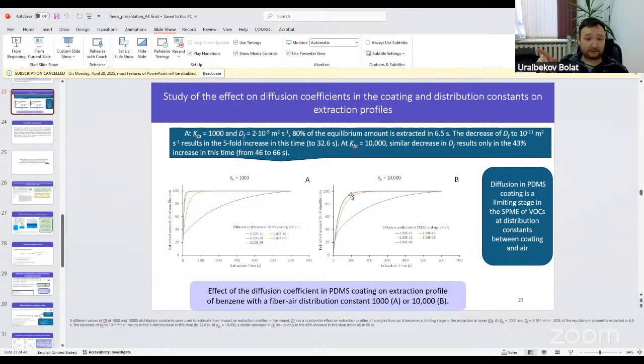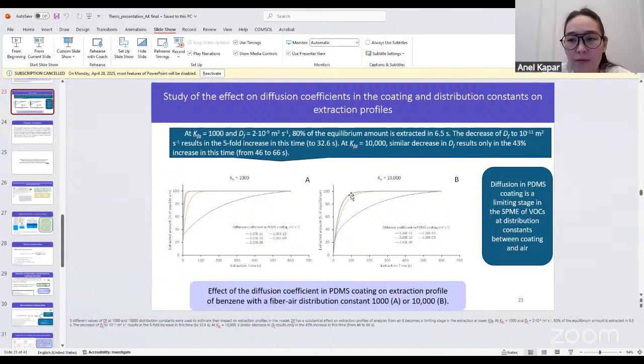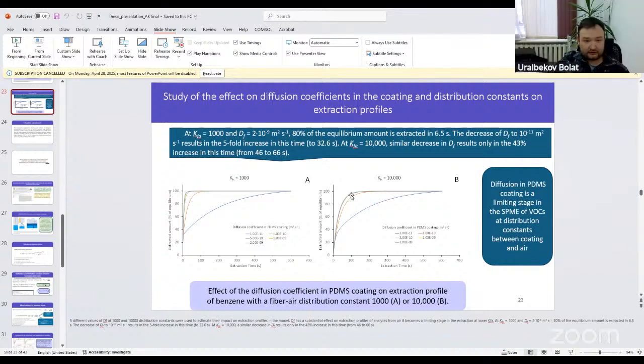And then I can compare. Because from your statement, when you change from 1,000 to 10,000, you have an increase of equilibration time of 43%. Because now I see, for instance, if I take 6.5 as the equilibration time for the distribution coefficient 1,000, and then for 10,000, it will not be a 43% increase. You understand my question?